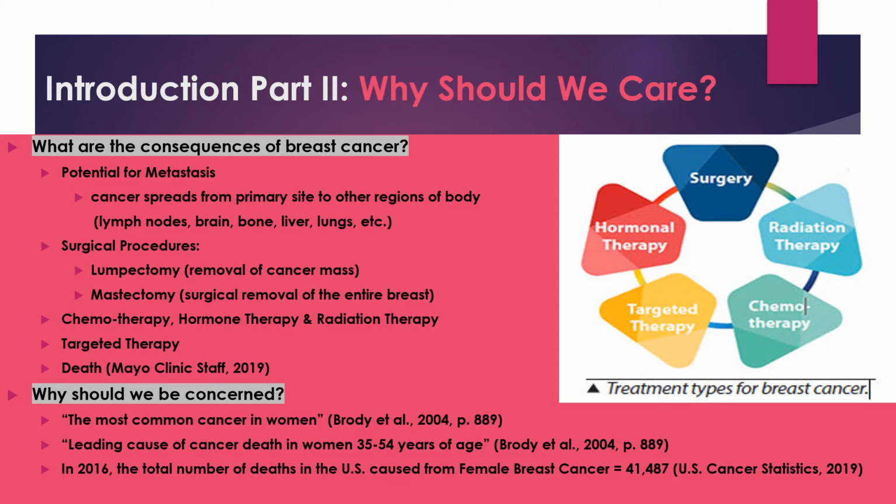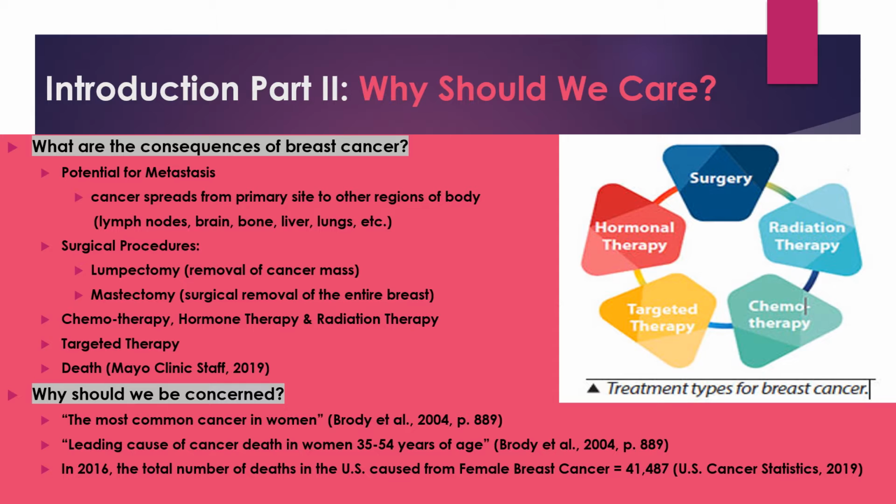Surgical options are often explored by patients and their doctors as well, such as a lumpectomy, which involves removing the tumor mass itself, or a mastectomy, which involves removing the entire breast or even both breasts. Also, many forms of breast cancer carry the risk of metastasis, which is where the cancer spreads from its primary site to other regions of the body, like the lymph nodes, brain, bone, liver, lungs, and more.